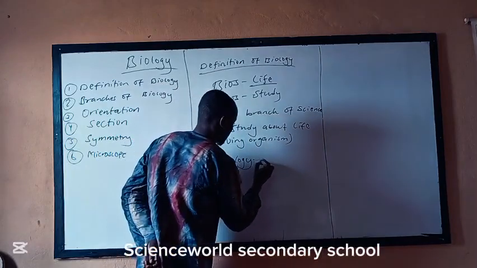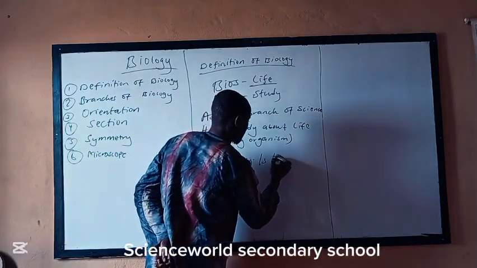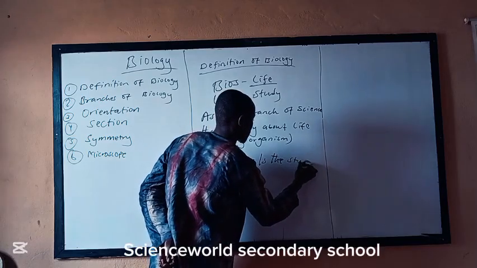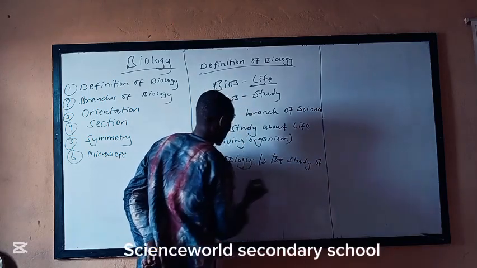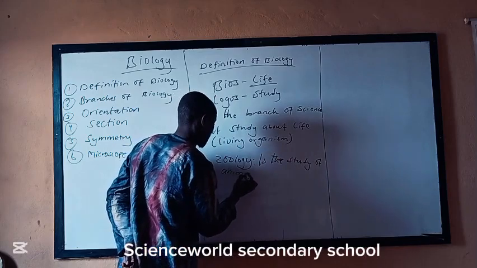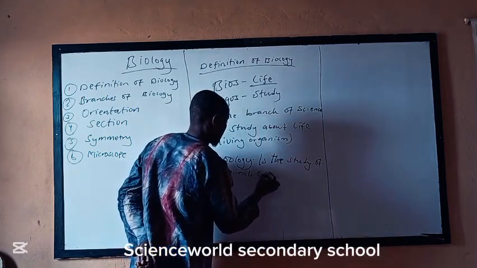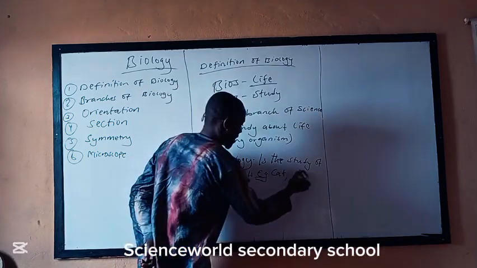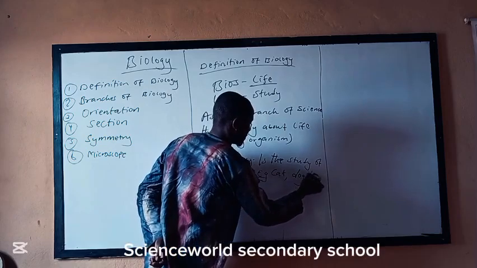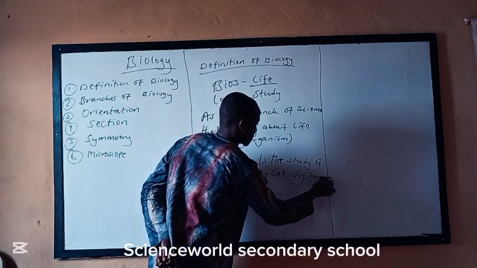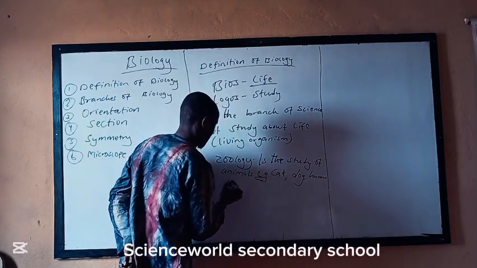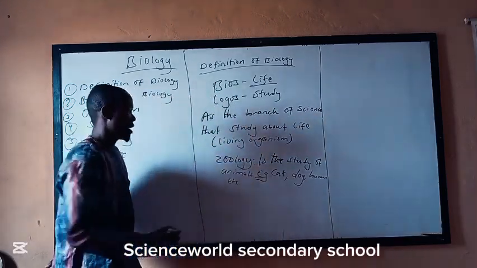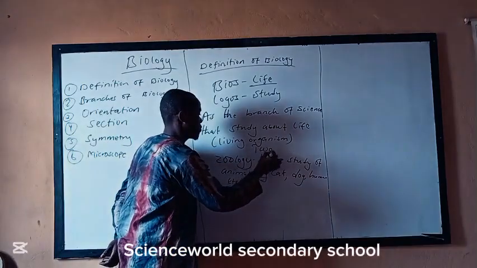So zoology is the study of animals. Examples of animals, we have cats, we have dog, and even human. So we have two main branches.